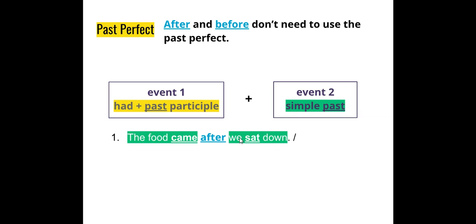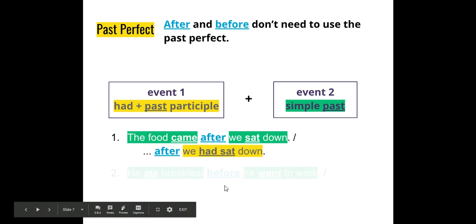We sat down. We know this not because we're using past perfect, but because of after. You can still use the past perfect with after. The food came after we had sat down. They do the same thing. This tells us what came first.